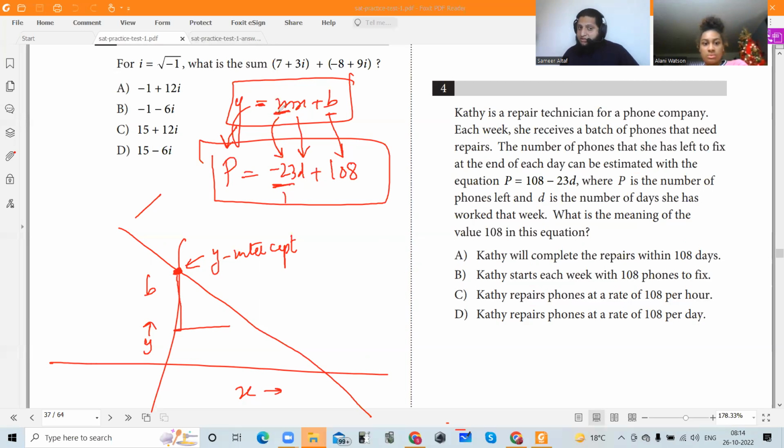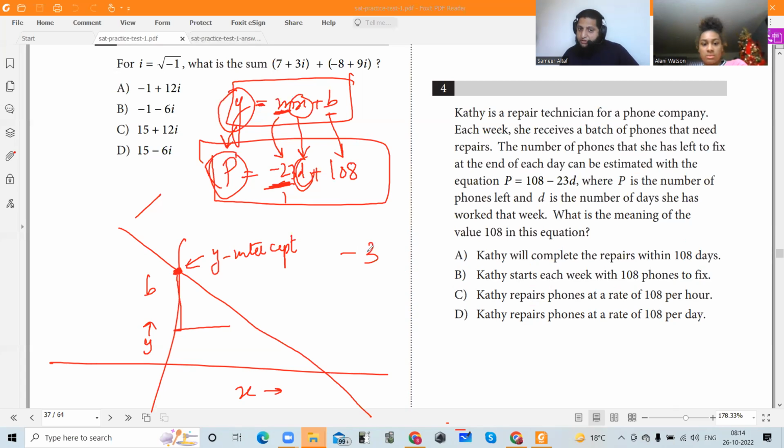But the slope is change in y divided by change in x, rise over run, isn't it? So can't this 23 be related to P and D? Isn't this then negative 23 as change in P divided by change in D? Right.